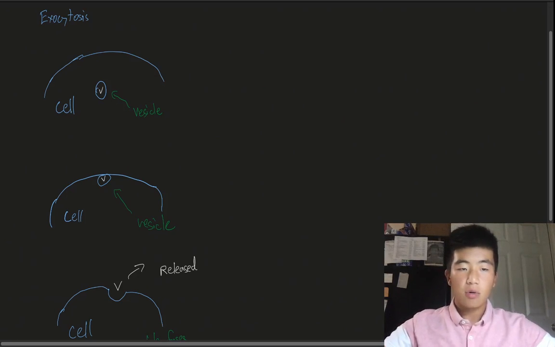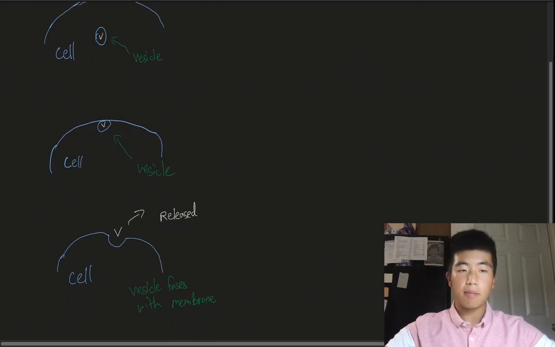And what's happening here is the vesicle is going to move closer and closer outside, and it's going to touch the outer cell membrane, and then it's going to merge in. Because it's built out of the same material, it's going to merge in with the cell membrane.